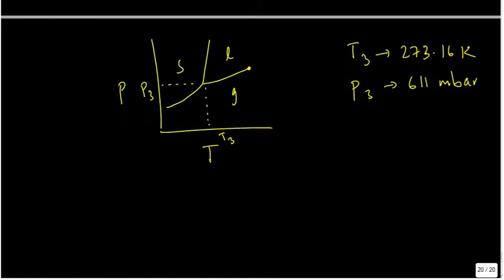And you just already saw that if I change the temperature in this closed vessel, my pressure is governed by this particular line, the liquid vapor line, right? It's always in equilibrium, right? It's in this closed container.